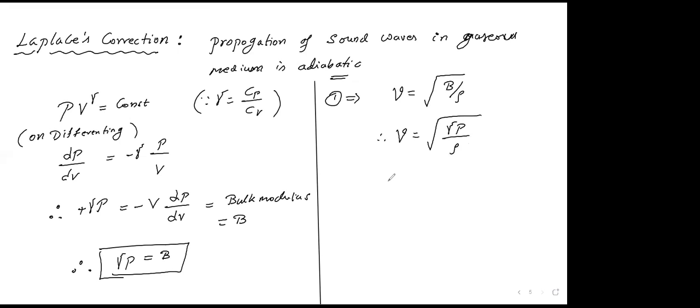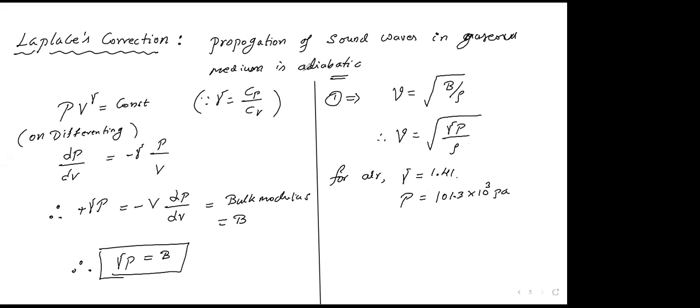Now you can substitute all the values for air. What is the gamma value? The Cp by Cv value for air is 1.41. The P value is 101.3 kilopascal, into 10 power 3 Pascal.